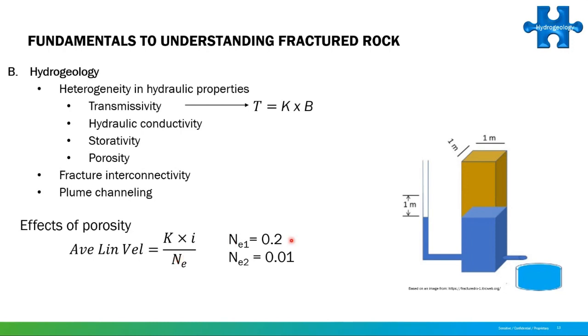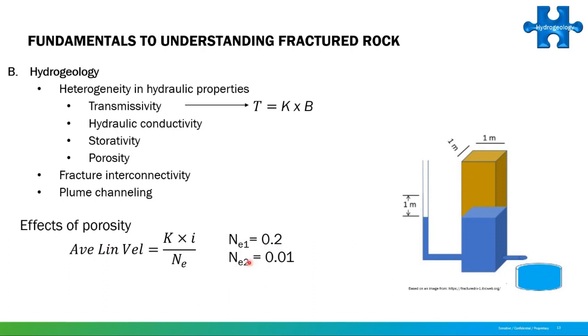Two examples here: a porosity of 20%, i.e. 0.2, for, let's say, a sand or some other unsaturated zone, versus a porosity of fractured rock, which is oftentimes definitely less than 10%, less than 5%, can even be less than 1%. So you can notice, because these values are less than 1 and they're in the denominator of the average linear velocity equation, that's going to have a dramatic increase in average linear velocity when you decrease the effective porosity.